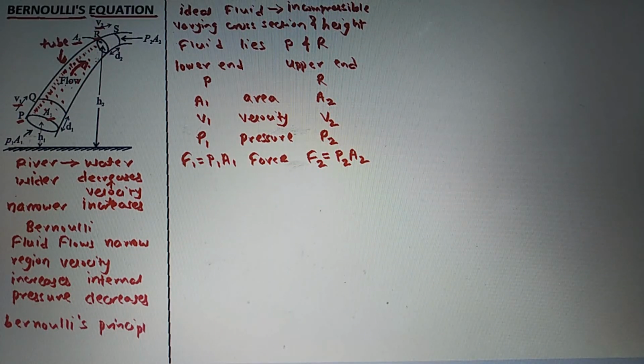Now see in this figure, at the lower end P, the force is P1A1, and this force is pushing the fluid in the upward direction. The next force is at upper end R, and this force is P2A2. This force is opposing the flow of fluid due to the force P1A1.